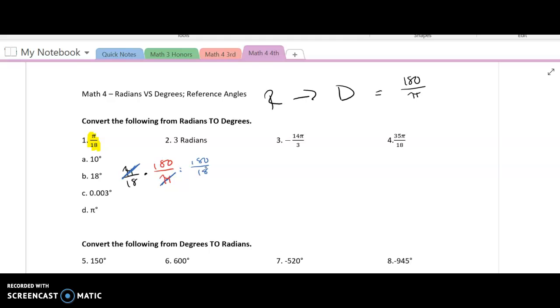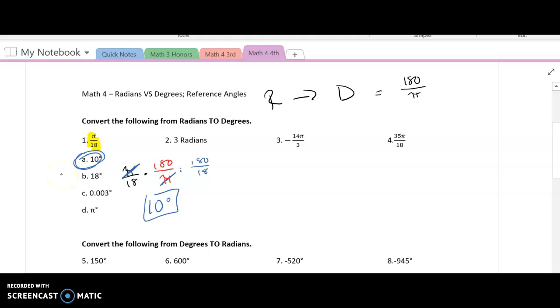You can do this in Desmos or on your calculator, whatever works for you. So 180 over 18 reduces to 10. Now all I have to do is add a degree symbol, and that is my answer. So my answer is A for this first one.